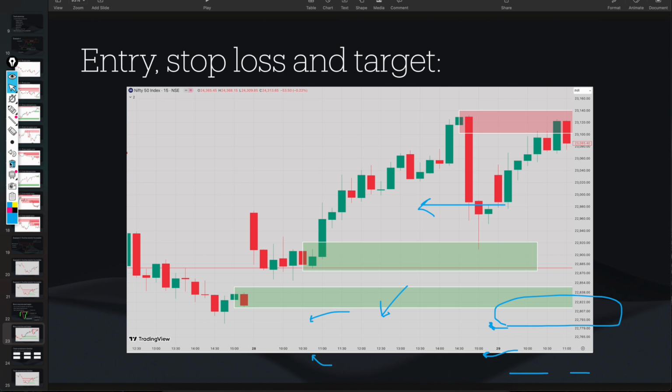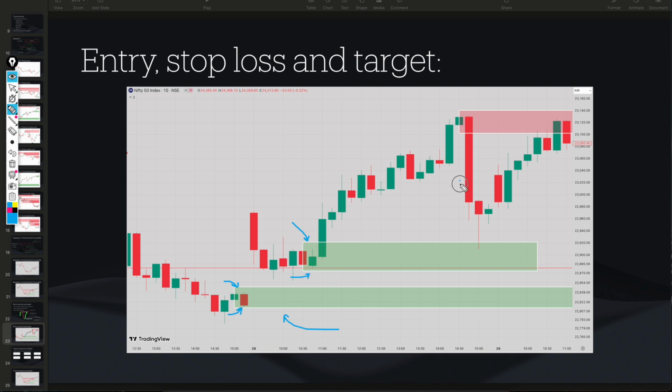In this chart you can see we have formed a demand zone over here. This is my entry point, and if it comes over here, this is my stop loss value. This example is from the previous video itself. Now we also have a second demand zone which has one proximal line and one distal line, or entry point and stop loss.